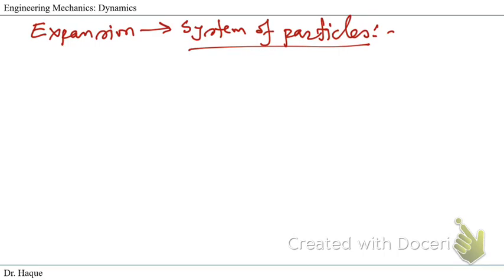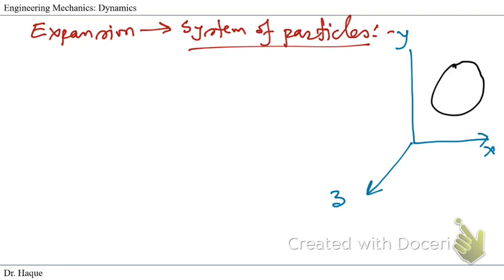So we go back to our basic concept. Before that, let's define a coordinate system that we just talked about, x, y, and z. For example, we have a body that has a lot of particles inside.